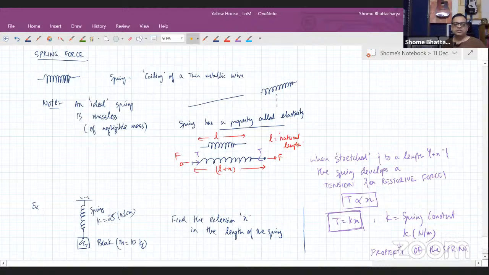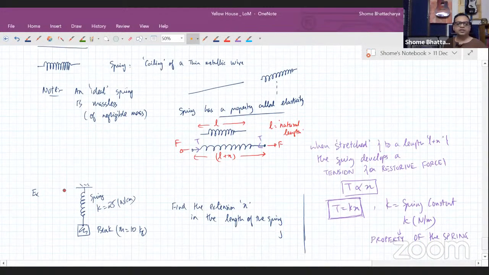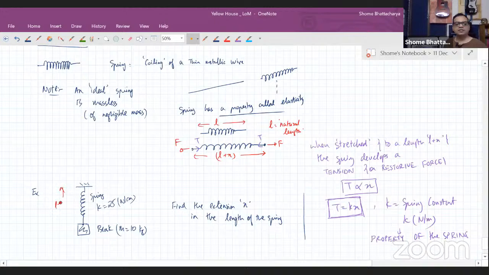So this is a very easy situation. You can see here that because the spring is in an extended state, it will be applying this kind of inward tension over here. So when you make the block's free body diagram, and that tension will be equal to how much? It will be equal to kx.